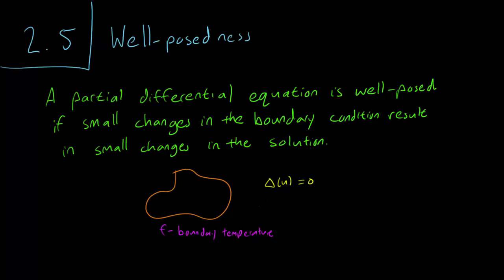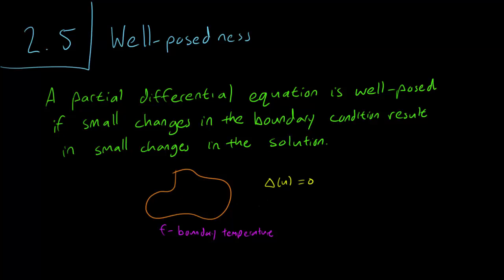So the Laplace equation is used to figure out steady-state temperatures of some surface given a boundary temperature. So let's say that we're trying to figure out what the steady-state temperature of a surface should be, and we do that by first measuring the temperature of the boundary. But let's say that I make a small error, and I'm off in the temperature by 0.0001 degrees Celsius.